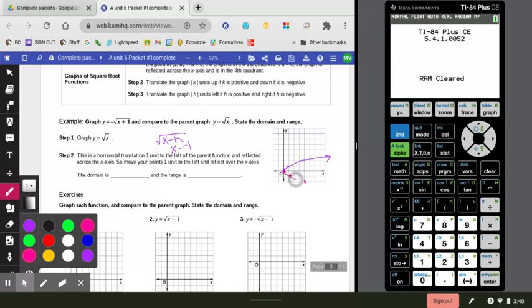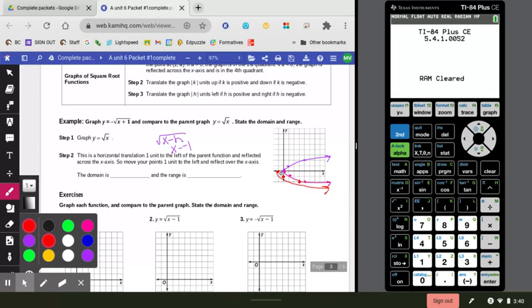You get that pink graph. Then shifting it left 1, 0, 0 becomes negative 1, 0. 1, negative 1 becomes 0, negative 1. And 4, negative 2 becomes 3, negative 2. And we get that red curve.